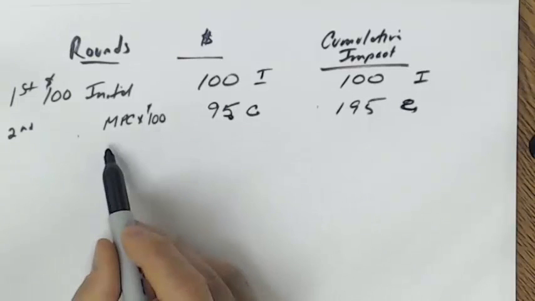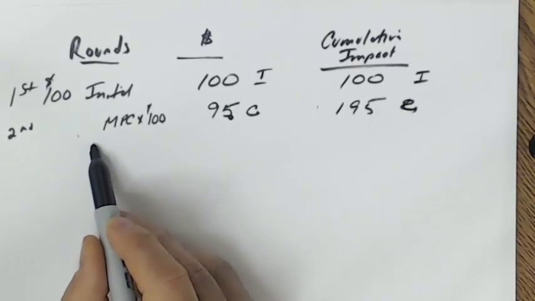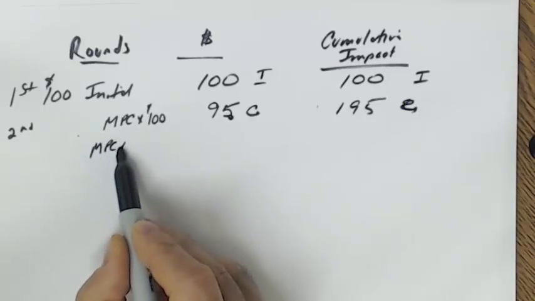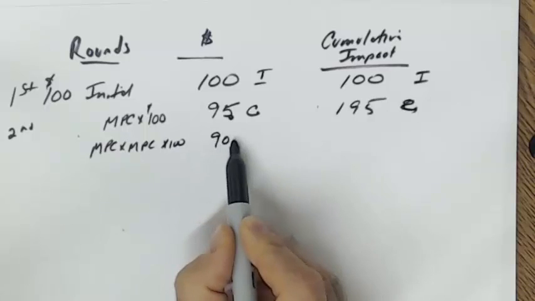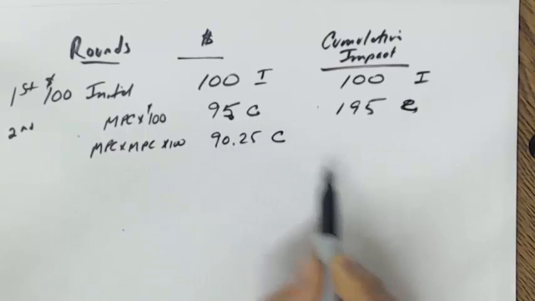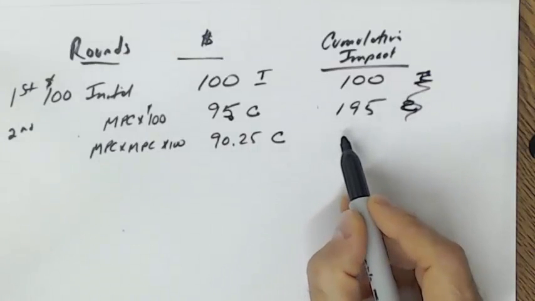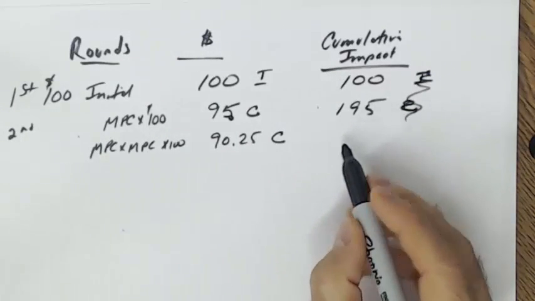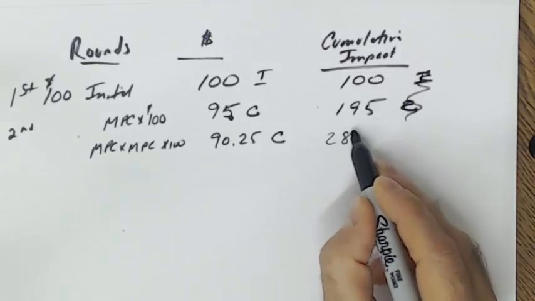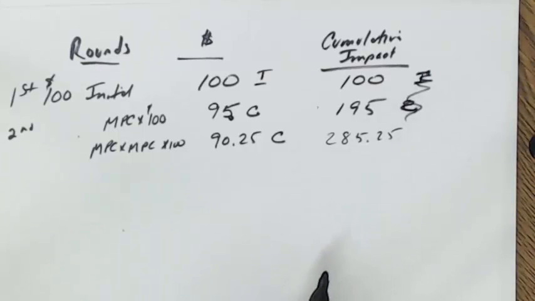So this $95 gets spent, and it's going to go into the pockets of somebody else, but they're only going to spend 95% of it. So it's MPC squared times the 100, which is $90.25 of additional consumption. And so I did the calculation, and 285.25 is the total cumulative impact.